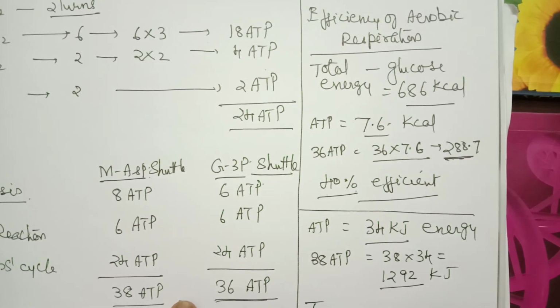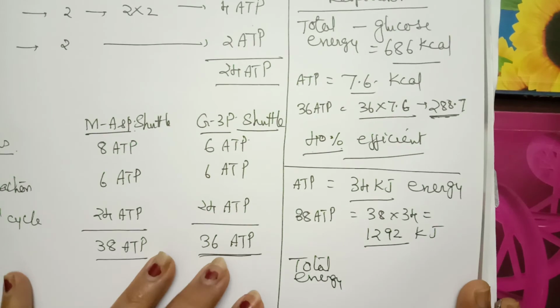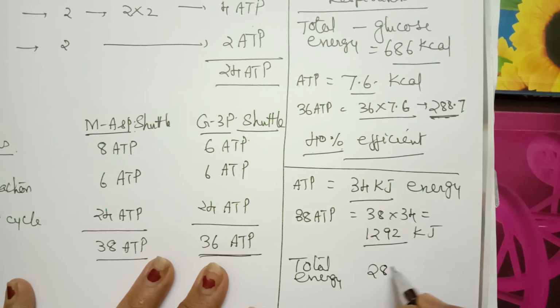But the total energy present in glucose is about 2870 kilojoules.